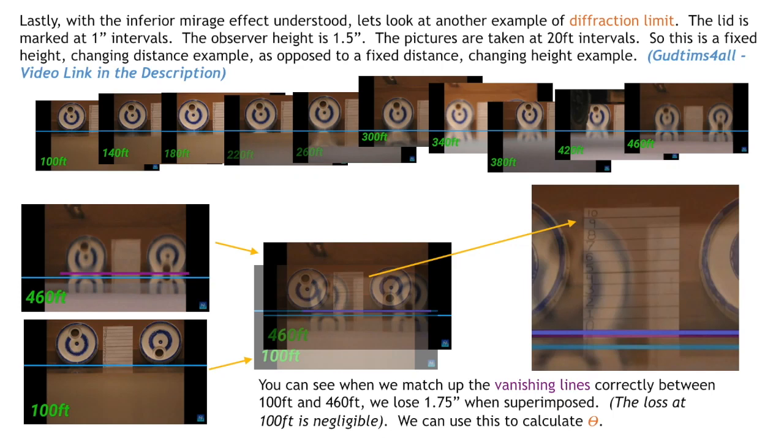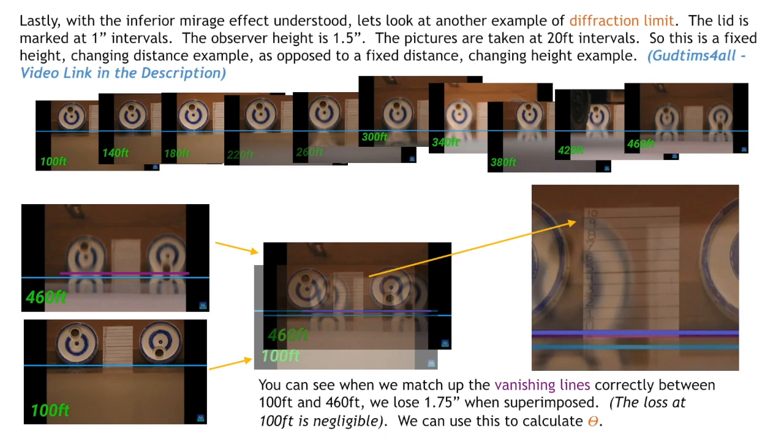And so if you overlap the two with the scaled paper of 1-inch intervals in between them and mark out the horizon line as the point of the inferior miraging effect, then you can see that you have lost approximately 1.75 inches at 465 feet.